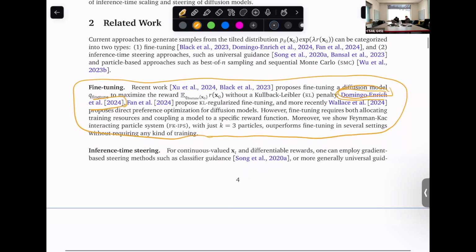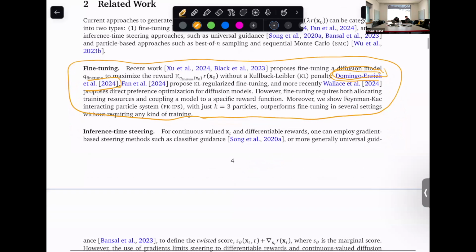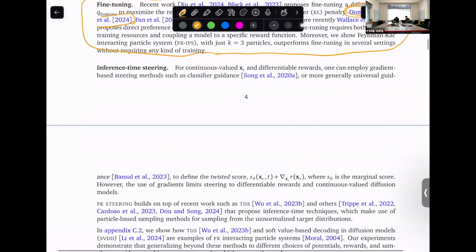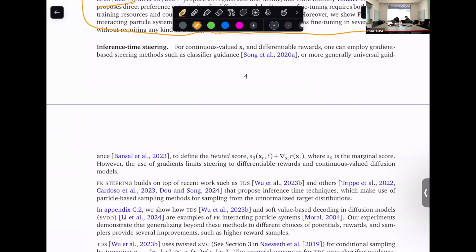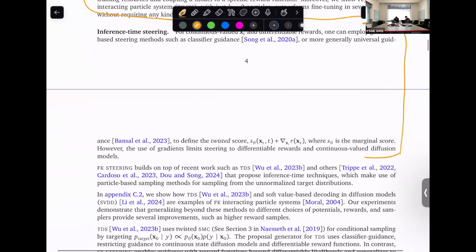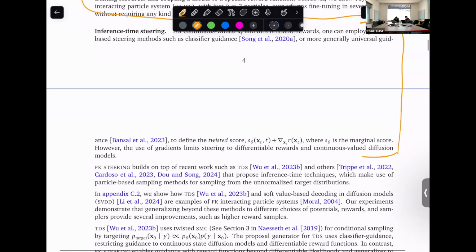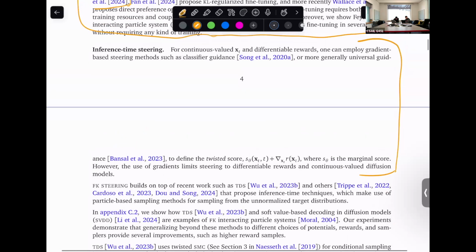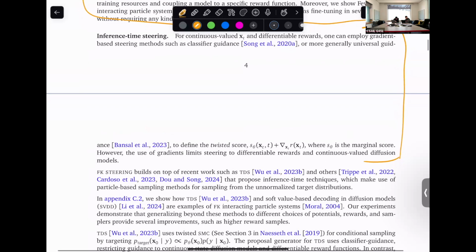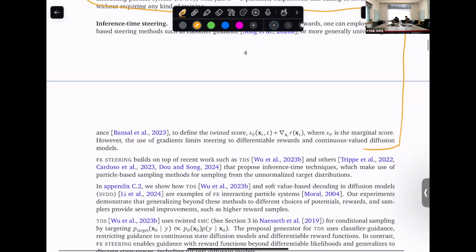Yeah, it is fine-tuning. But then we also have this inference-time steering, where in the beginning they talk about the standard approach: if we take the gradient of some reward function or a noisy reward function and combine this gradient with our score, then in principle we can also sample from this tilted distribution. But the issue is that our intermediate reward functions are often bad, and this doesn't turn out to work all too well.